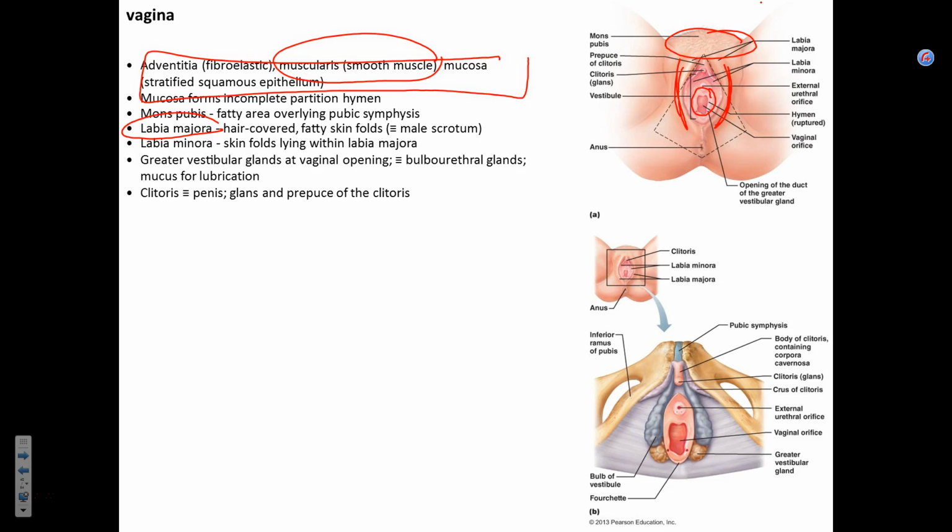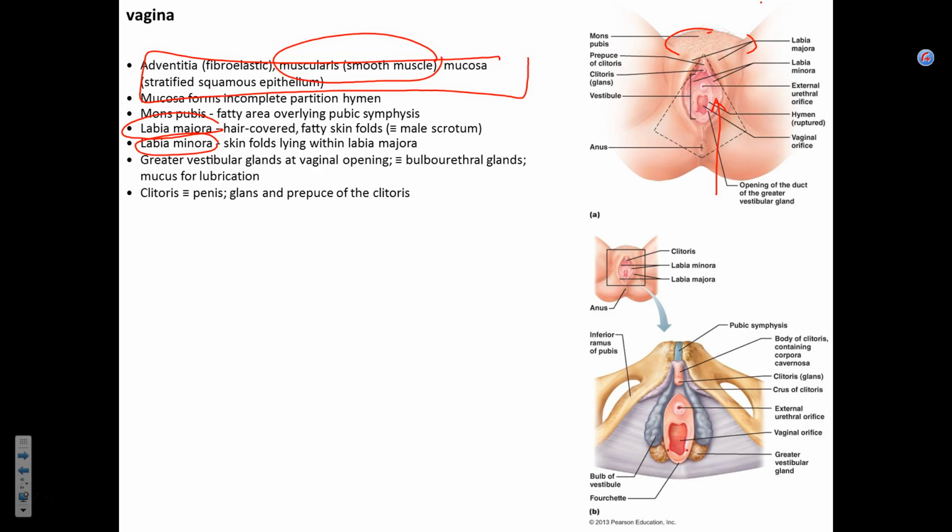Does that make sense? It's male scrotum. It's the same structure that male scrotum is developed from. Okay. Now labia minora, the skin folds inside of the labia majora. You can see them right here.